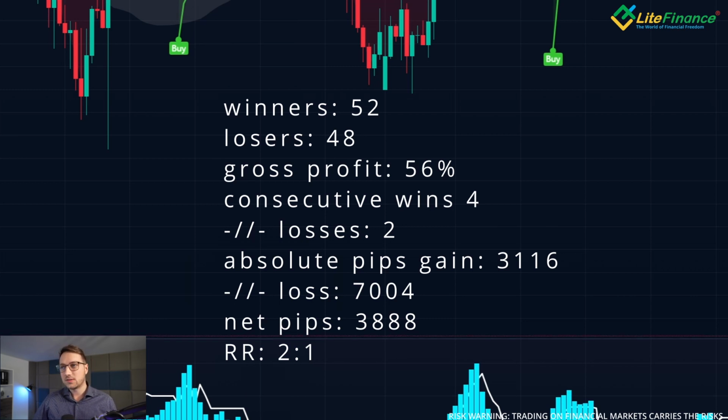If you are interested either way, how many pips it gained and how many pips it lost: in total, the pips that this system gained was 7,004 pips gained and 3,116 pips it lost. So in overall, it gave you around 3,900 pips gain over the course of 100 trades.